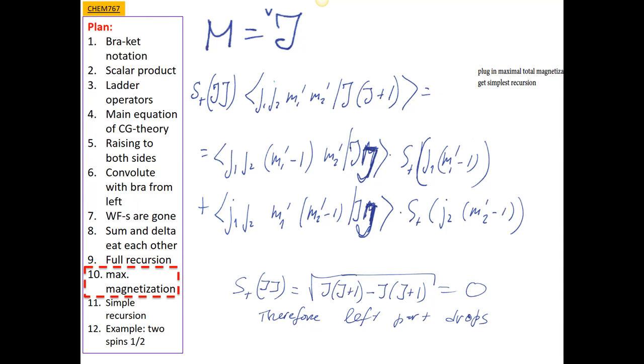What is missing? Normalization. The summation of squares of these two coefficients should end up as 1. A absolute value squared plus minus A absolute value squared is 1.